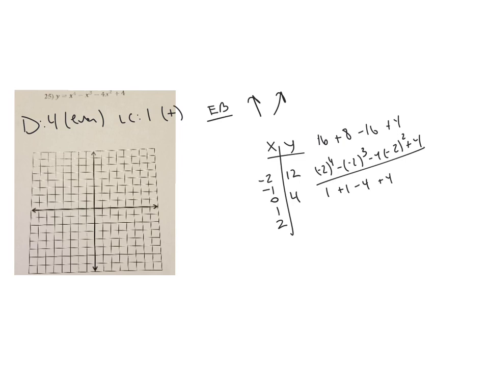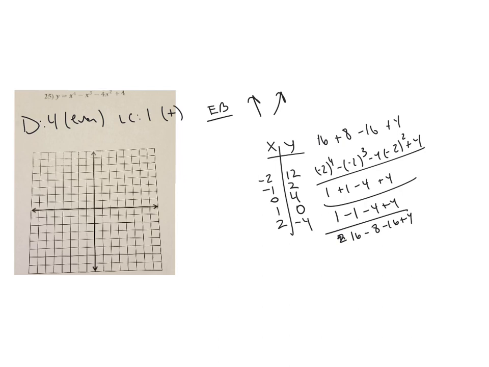So I end up with 2. Now I plug in 1. I get 1 minus 1 minus 4 plus 4. So I get 0. I plug in 2. So I get 2 to the 4th, which is 16, minus 8, minus 16 plus 4, I get negative 4.